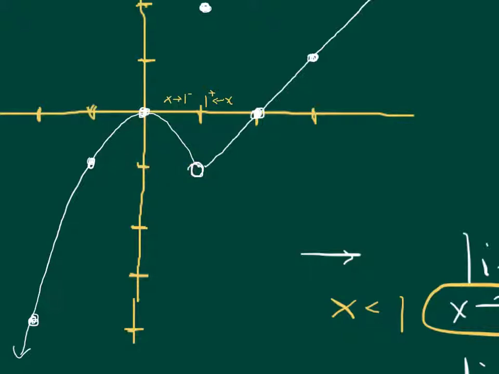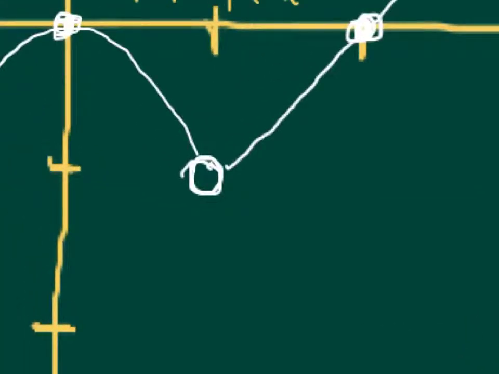We can do the same thing as we are approaching from the right. We see that the y value is negative 1. What we don't care about is what's actually happening at 1. The imaginary people who are investigating the limit, getting very close to 1, the guy on the left of 1 and the guy to the right of 1, they don't care about what's happening at this point.